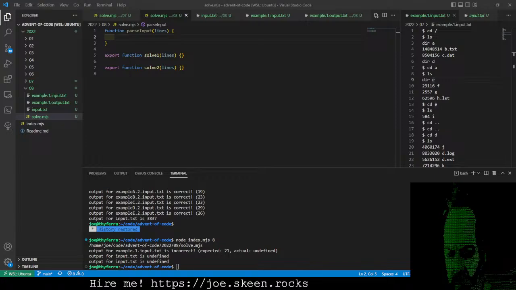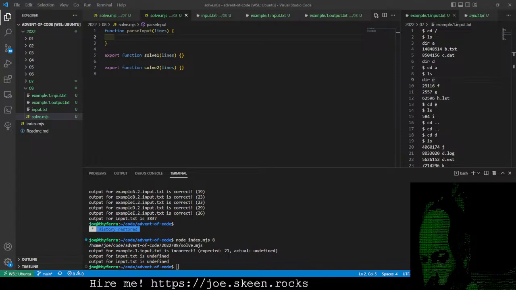The input is a grid with values. The easiest way to represent that with code would be a two-dimensional array. We could have the 2D array be of type number.